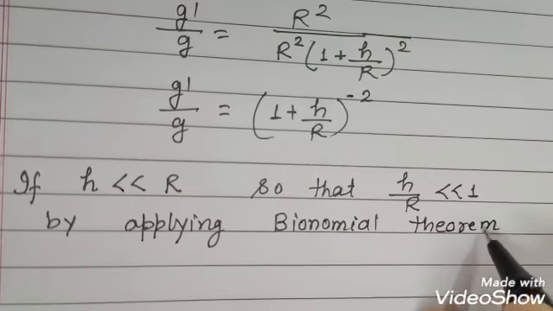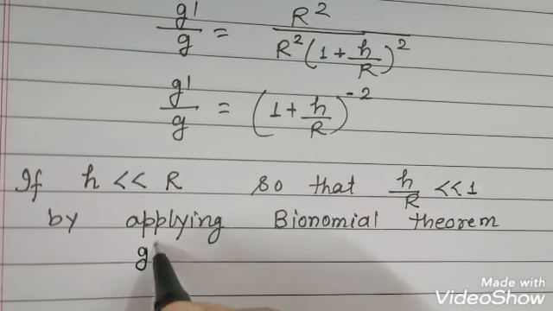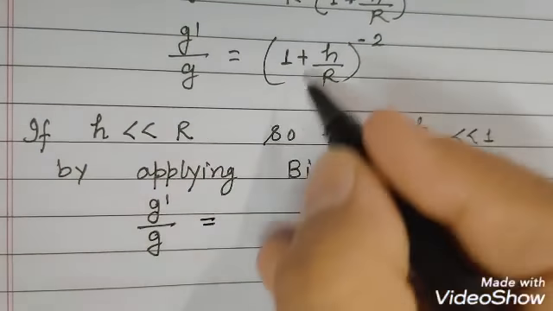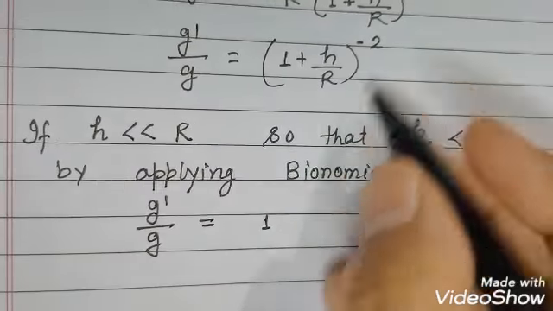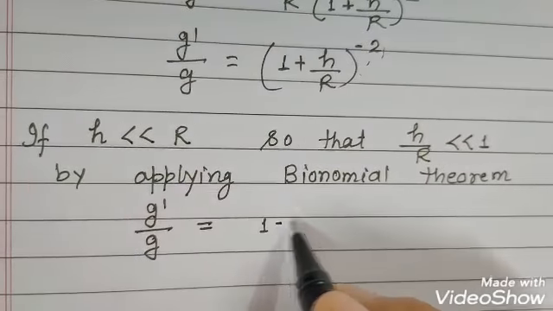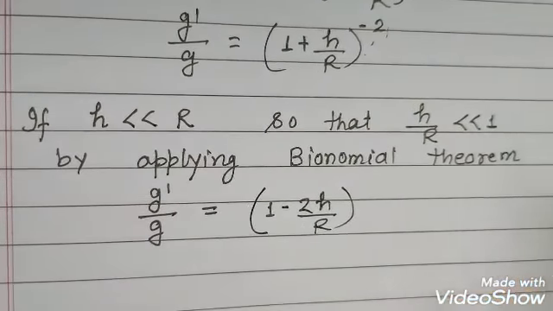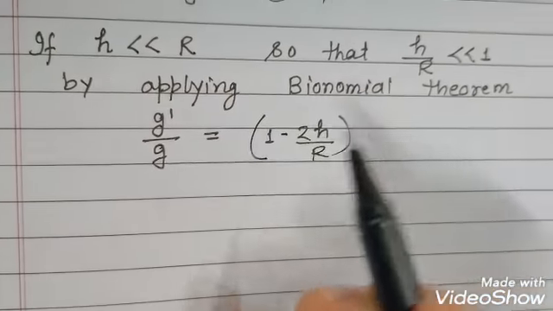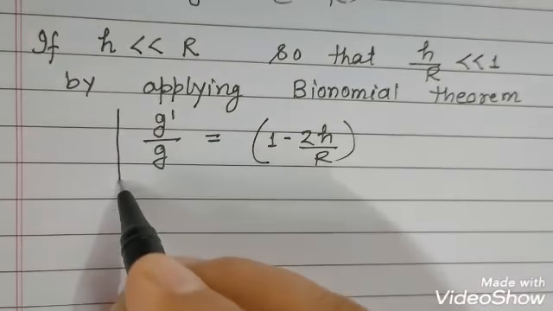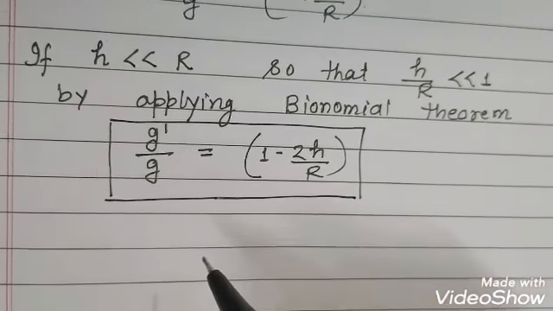We'll just take the first two terms and the rest of the terms we can cancel, as I explained in mathematical tools. So g dash upon g is equal to 1, and this exponent minus 2 will multiply with the second term, that is minus 2h upon r, and the rest of the terms we can cancel out since they give a very small value. So g dash upon g will be equal to 1 minus 2h upon r.